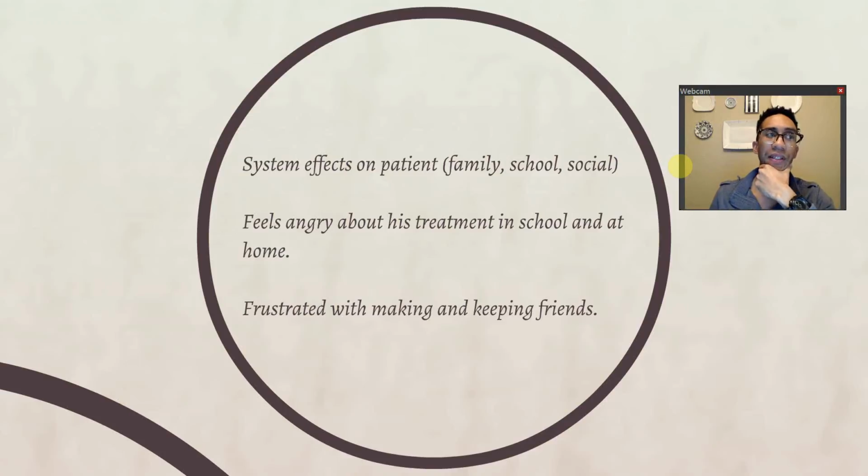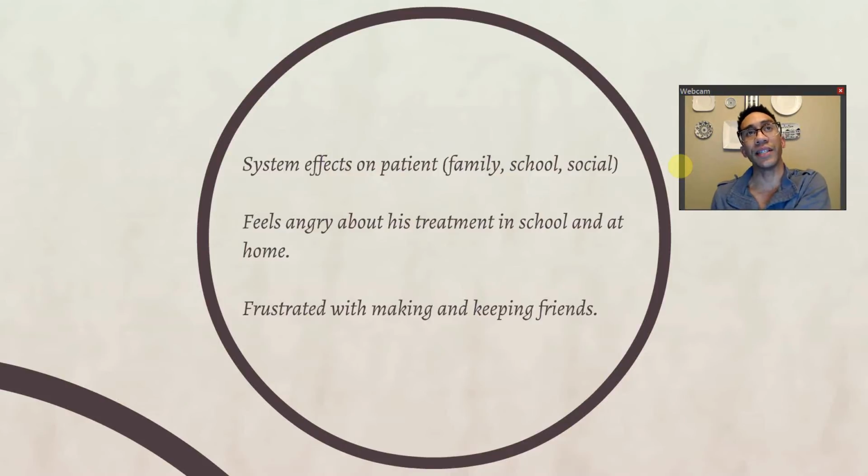So at least in the situations that I've seen, usually they feel frustrated, sometimes maybe angry about their treatment, maybe by other teachers or their peers or their family. And a lot of times, at least what I've seen, is they create distance between themselves and everyone else.